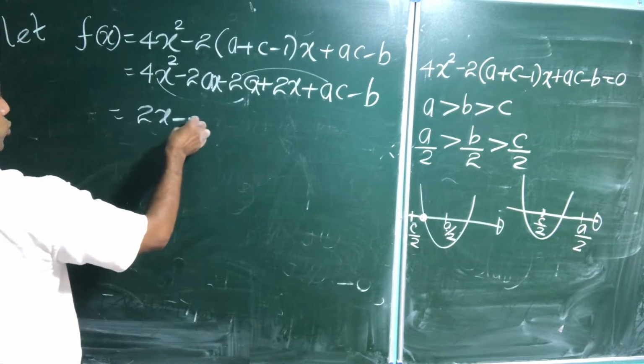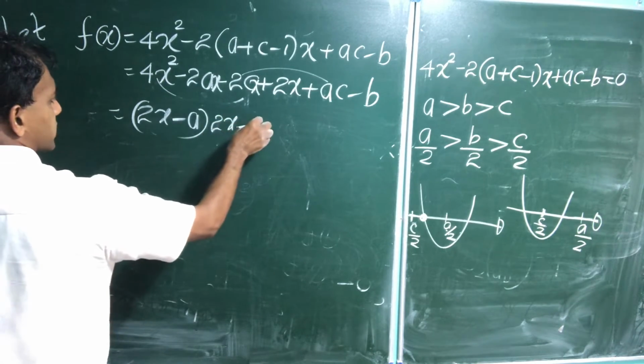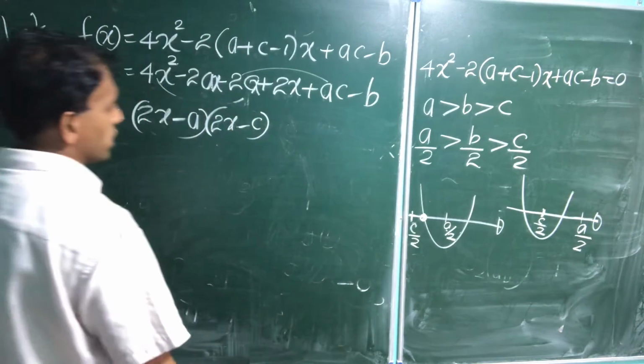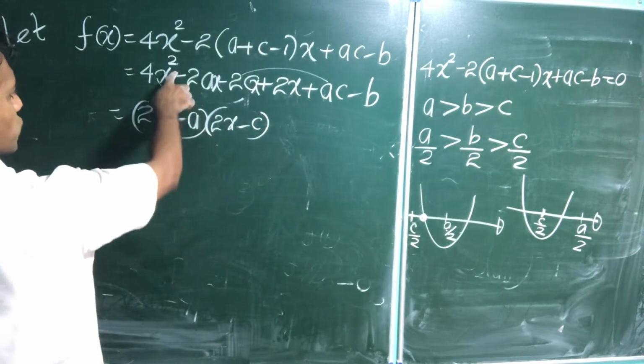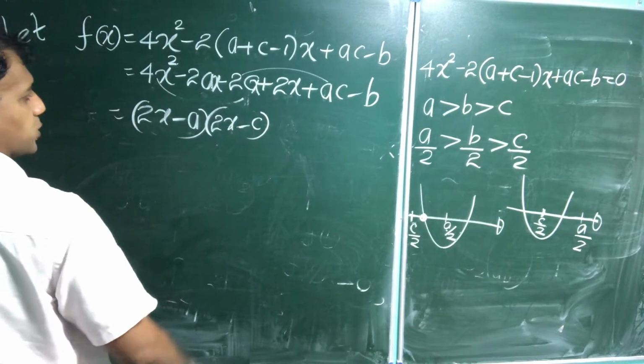Can we do it like that? 2x minus a, 2x minus c, because the problem is in terms of a by 2, c by 2, 4x square minus 2cx minus 2ax plus ac.